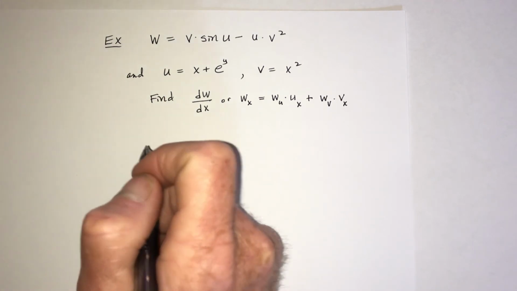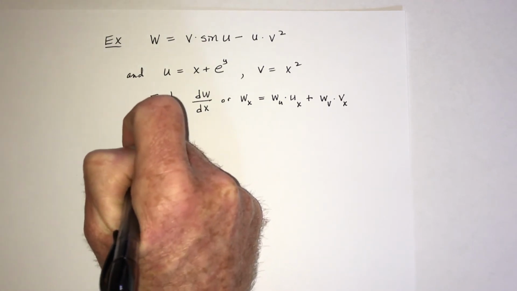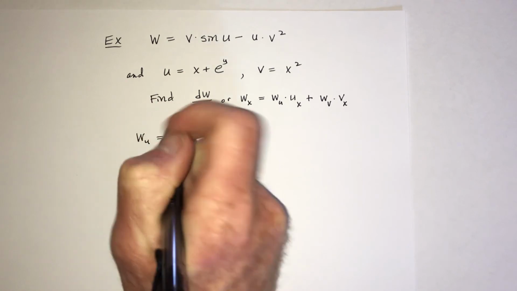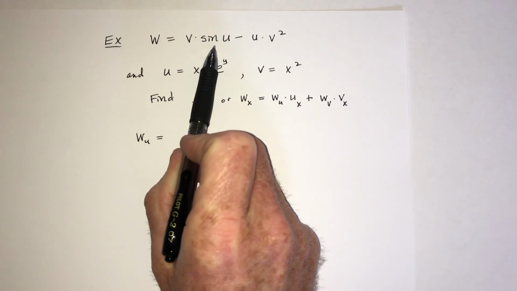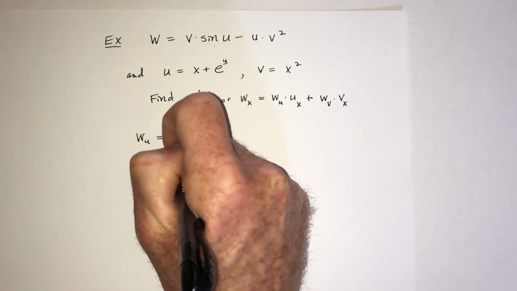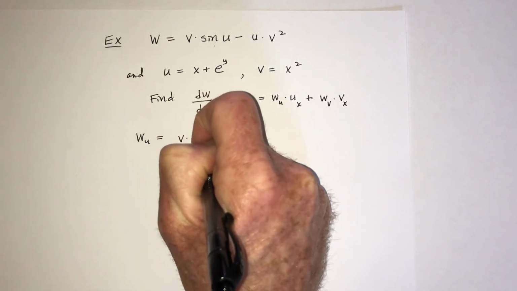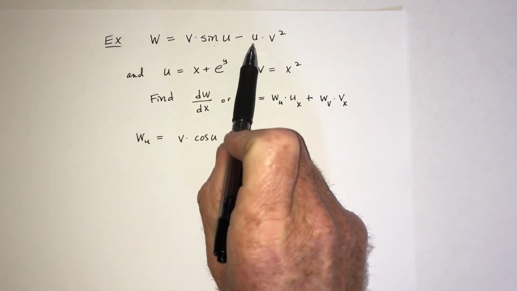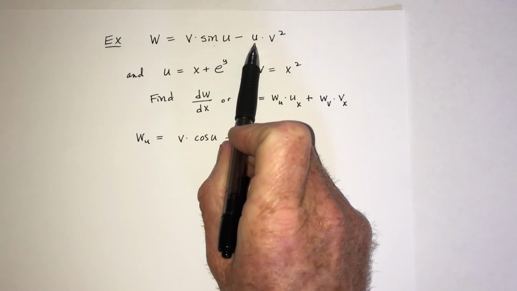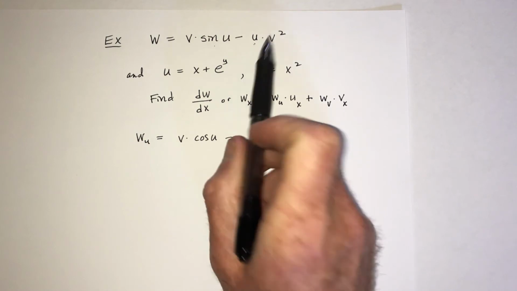All right, now what do those parts look like? So the derivative of w with respect to u. So this is a constant. The derivative of sine is cosine. So this will be v times cosine of u. Taking the derivative with respect to u means this becomes a 1, and this is constant.